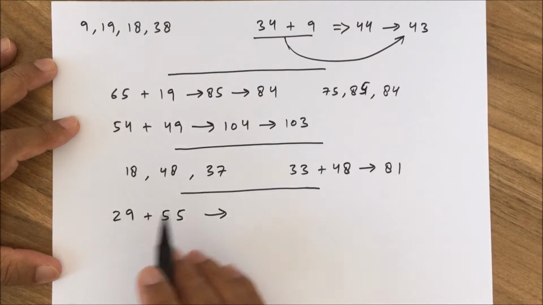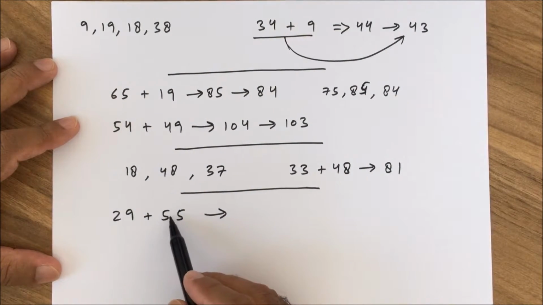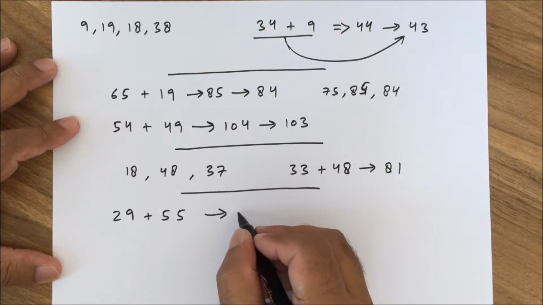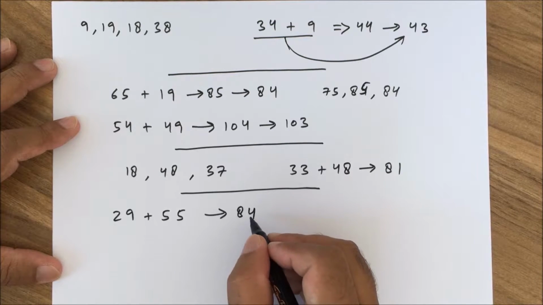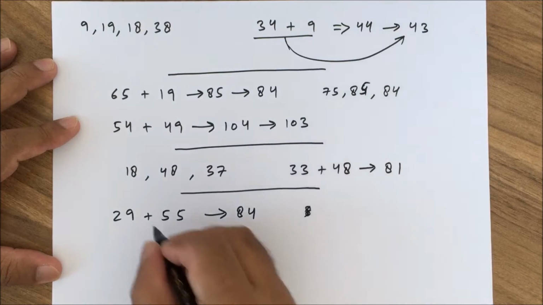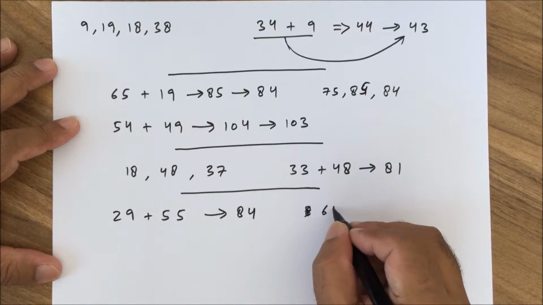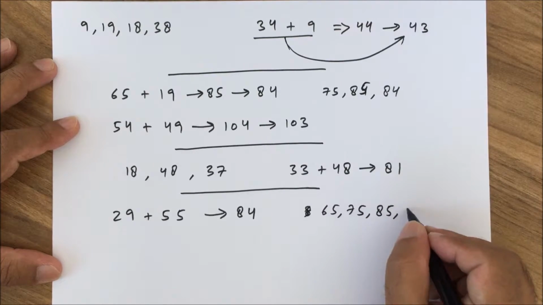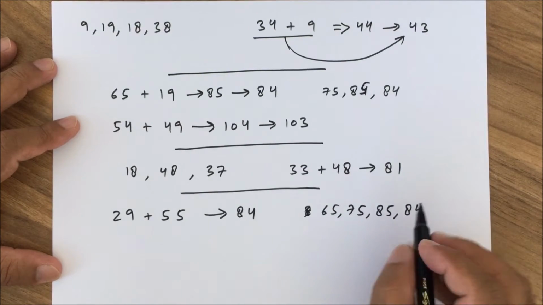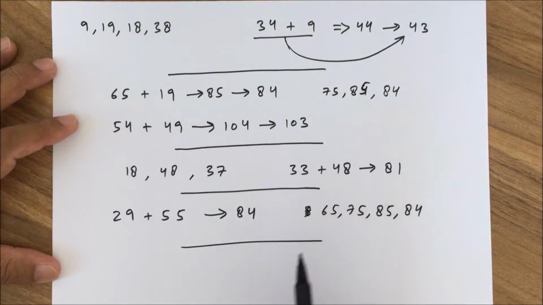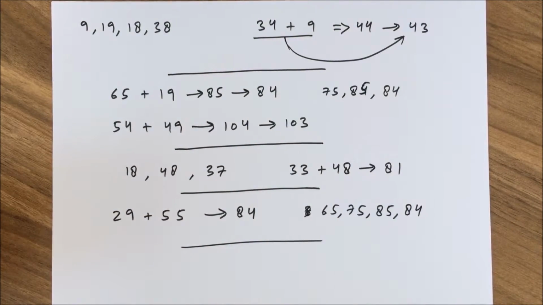This is near 30, so you will jump 3 times. From 55 you make it 65, 75 and 85, and from 85 you take away 1 to make it 84. That will be your answer. So in your mind it should be 65, 75, 85 and then 84. These 4 numbers should come in your mind. Do this practice and then we'll do some more.